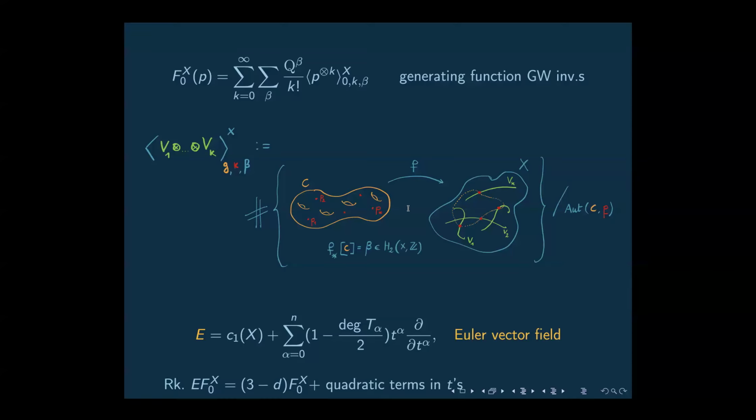So what we should do is to define the Gromov Witten invariant morally as the number of such maps modulo automorphisms of a surface with marked points. All right, so this is the moral definition of a Gromov Witten invariant of genus G, k marked points, and degree beta.